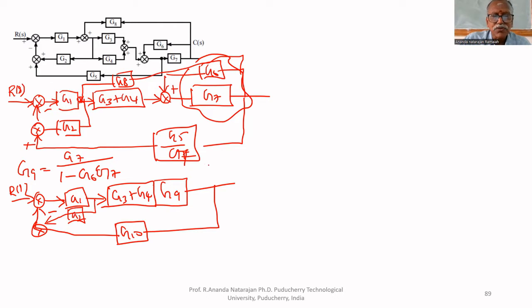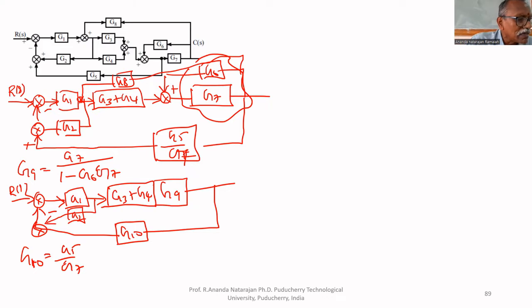So where G10 equal to G5 upon G7. Now we can move this also. G2 also we are moving away from that. And this can be called G11.